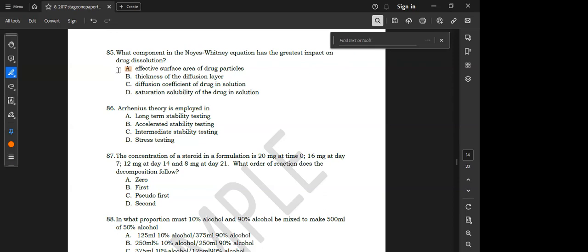Arrhenius theory is employed in long-term stability testing, accelerated stability testing, intermediate stability testing, and stress testing. Long-term stability. Accelerated testing.